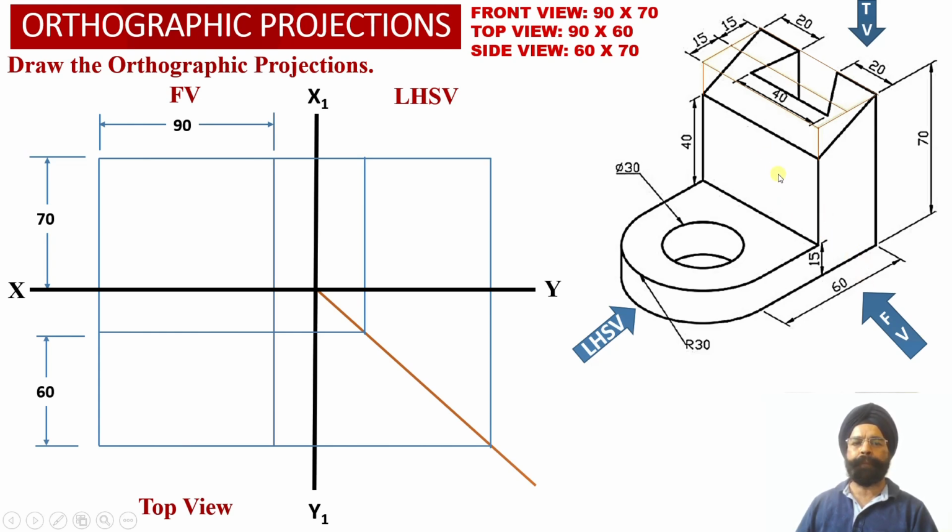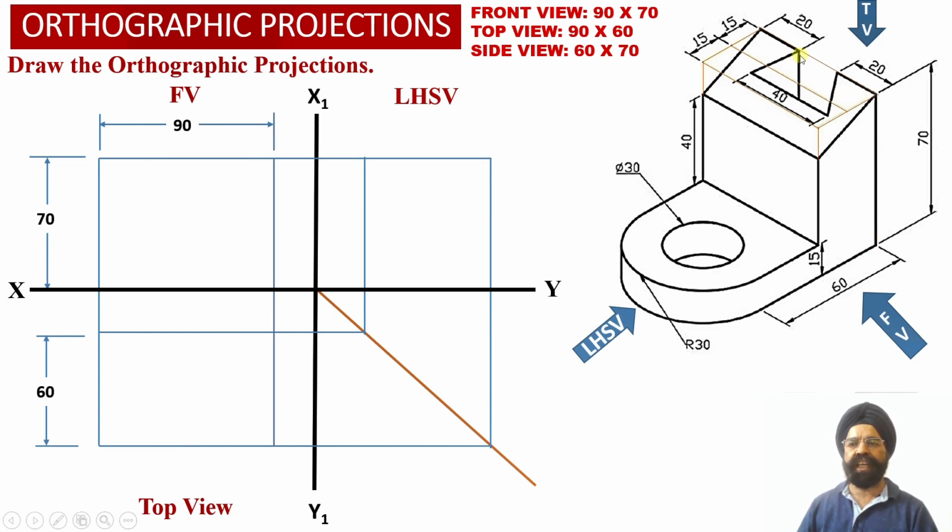So in order to obtain the orthographic front view projections of the solid, now we can divide the solid into two portions over here. So here we have got a horizontal web which is lying at the base of the solid, and here we have got a vertical web which is lying onto the right hand side portion of the solid.